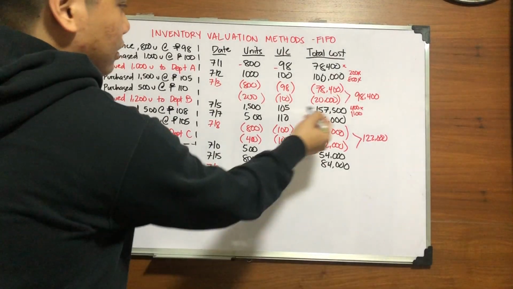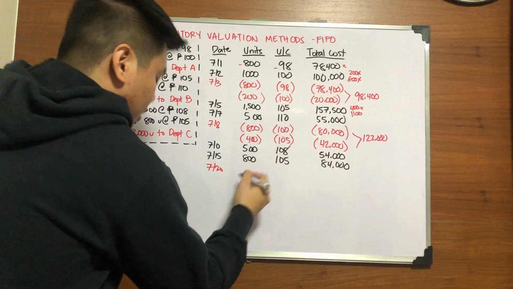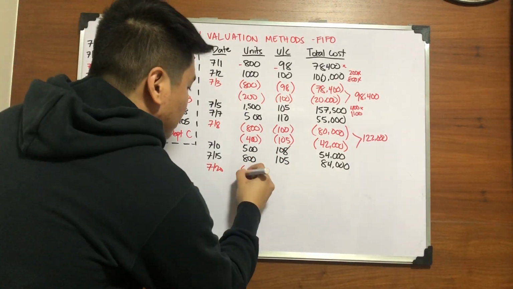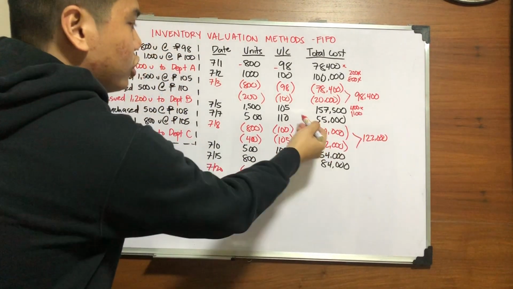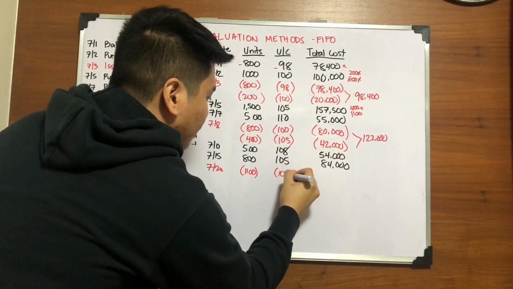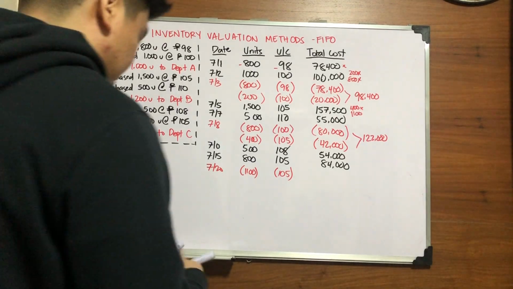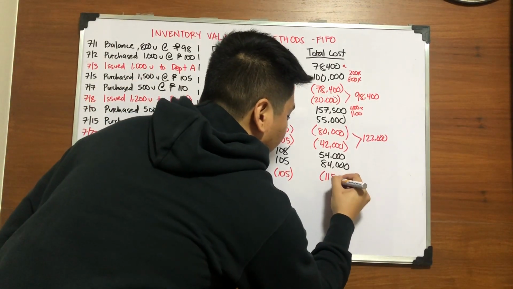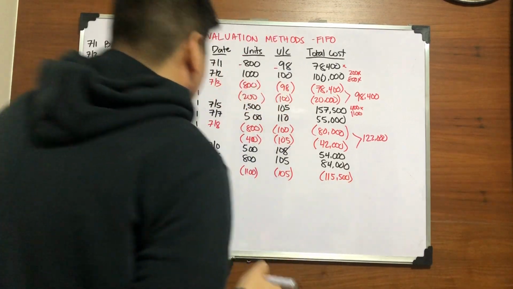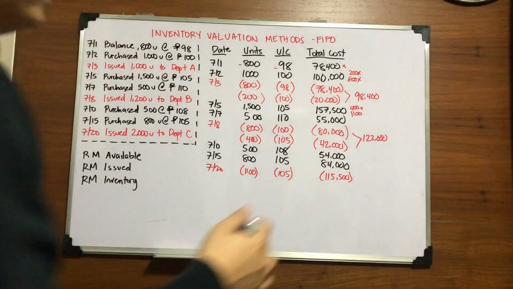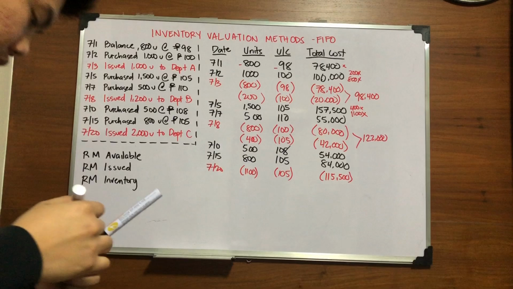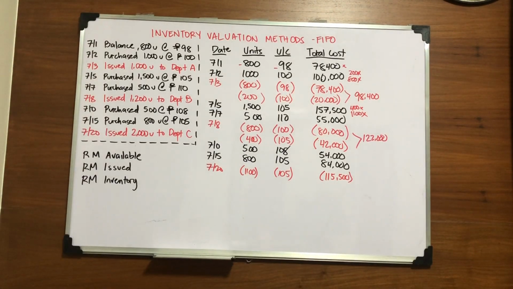So let's get the 1,100 units and the unit cost of 105. 1,100 times 105 would give us 115,500. So this is already emptied out, the July 5 transaction. You still need 900 more in order to satisfy the 2,000 requirement.